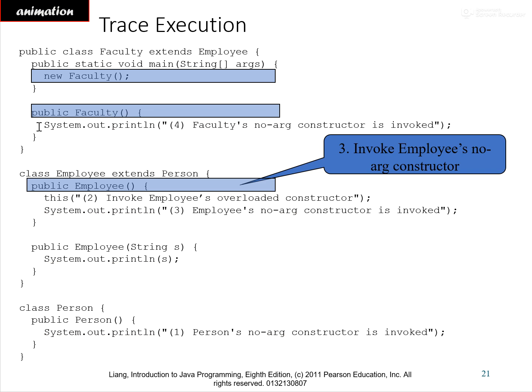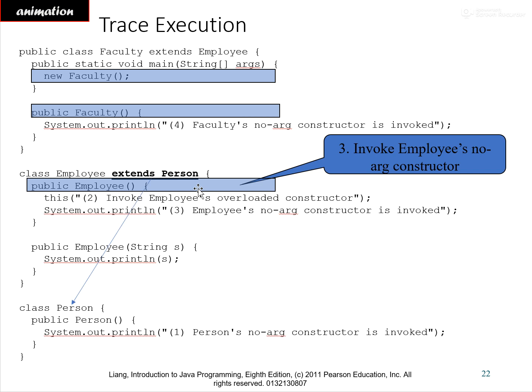Because we're not specifying explicitly which constructor of the employee superclass to run. So if we don't write anything, the call will automatically go to the superclass's no arg constructor.